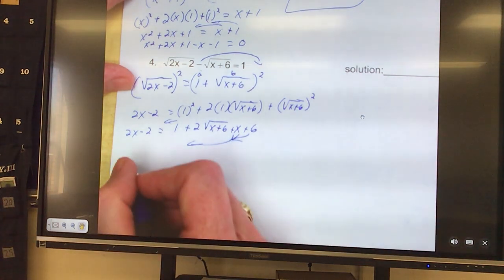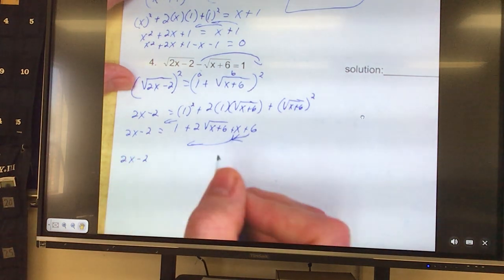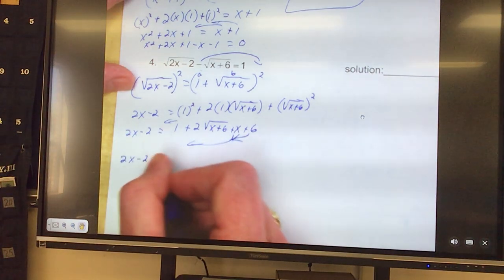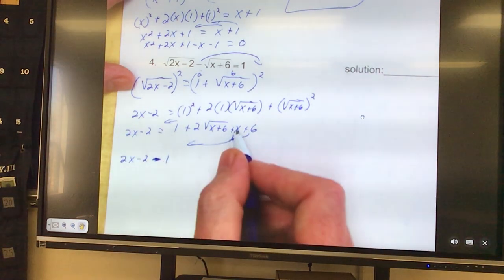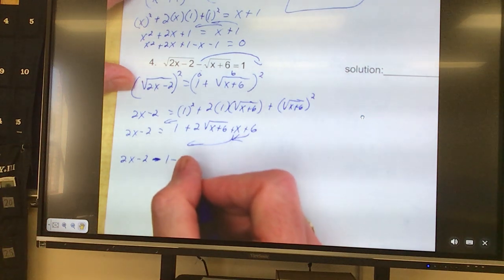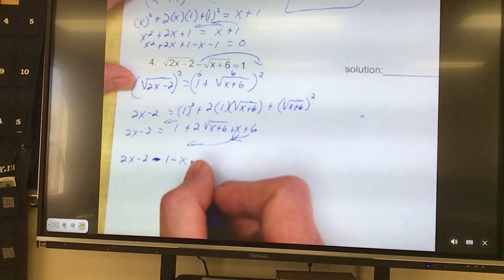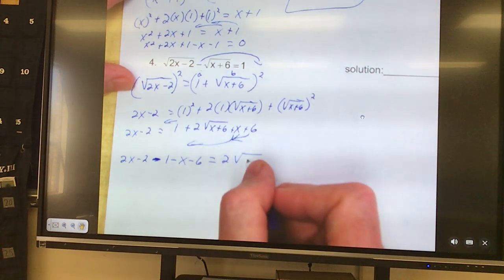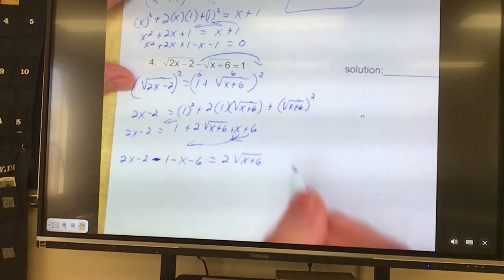Okay, so I got 2x minus 2 equals, that 1 crosses becomes a minus 1. The x crosses becomes a minus x. 6 becomes a minus 6. Equals 2 square root x plus 6.